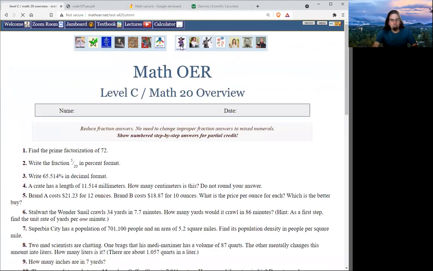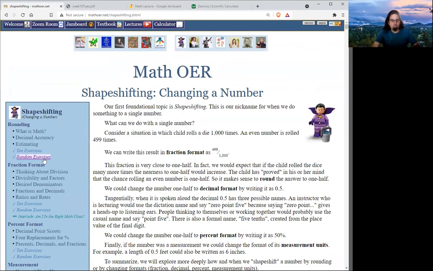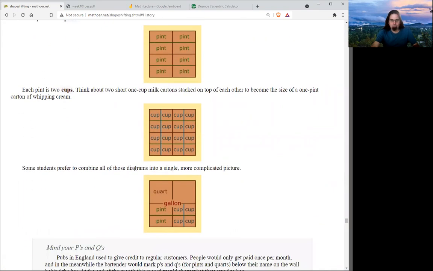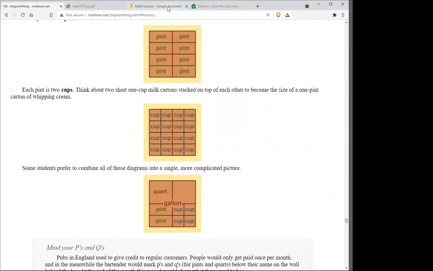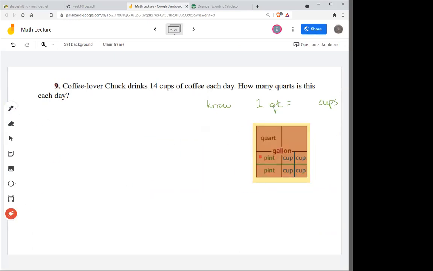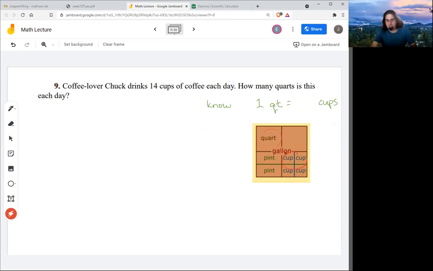If we didn't know that, we could go to the measurement unit and their history thing. And remember this picture, or set of pictures? So 4 cups? 4 cups. 1 quart is 4 cups. And other than that, it's just the same.